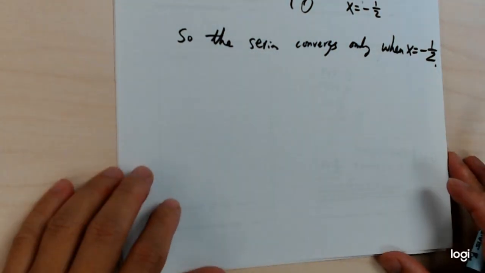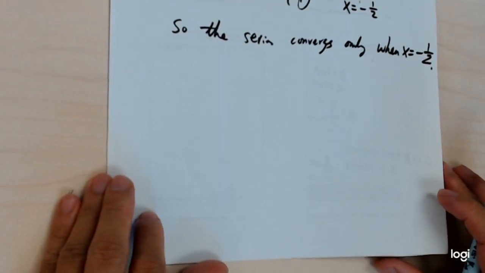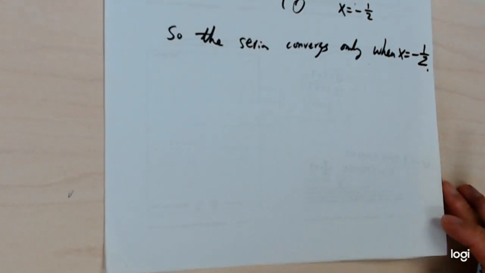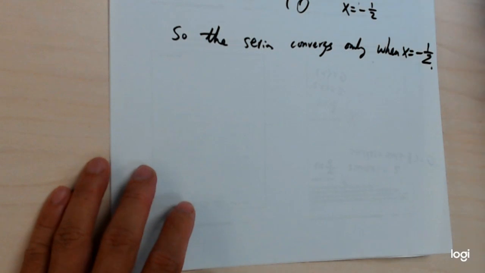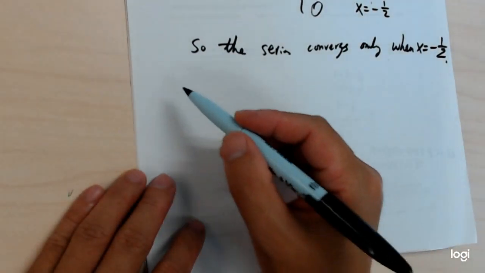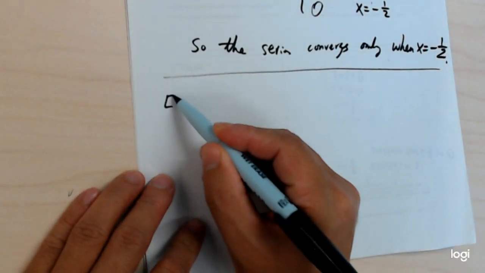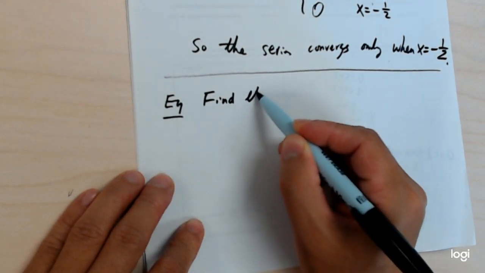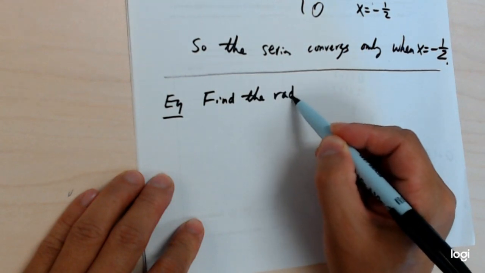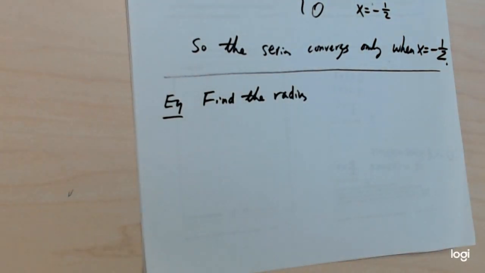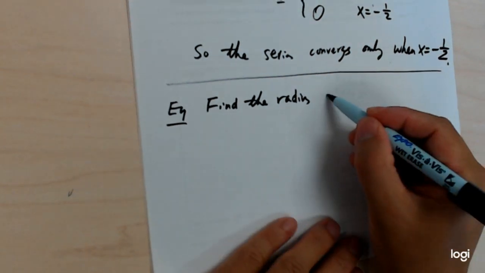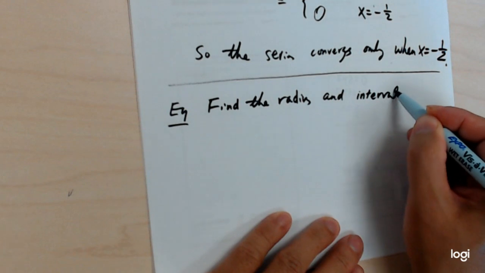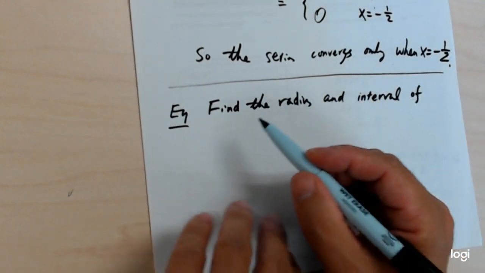Now here is the last example in this section that summarizes all the details we've discussed so far. Last example: find the radius and interval of convergence.